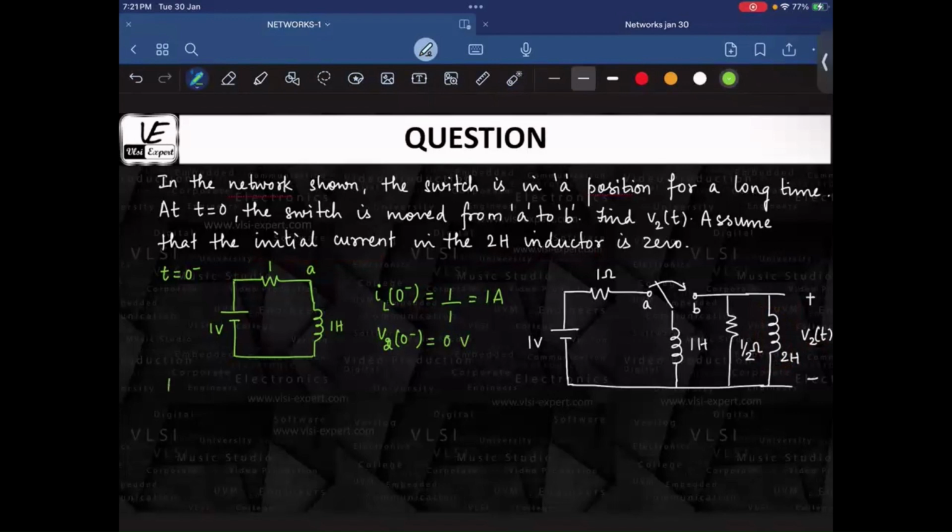Okay. Now redraw this circuit for t equal to 0 plus. Now the switch would be like this.